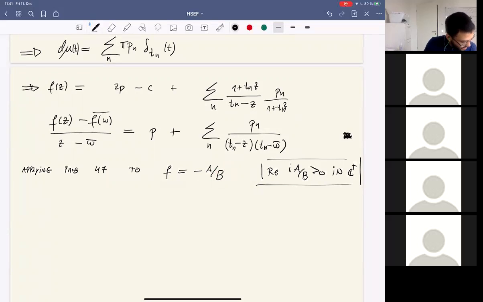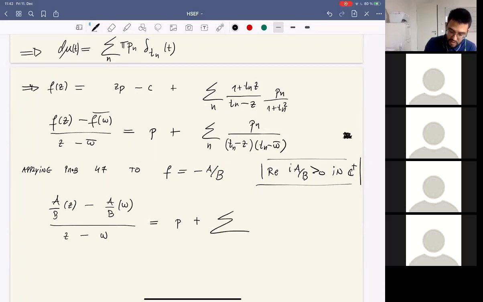So if I apply the theorem to this guy, I get that A over B of C minus A over B of W bar, divided by C minus W bar, should be equal to a certain P plus a sum.